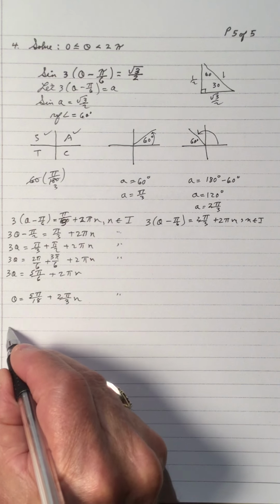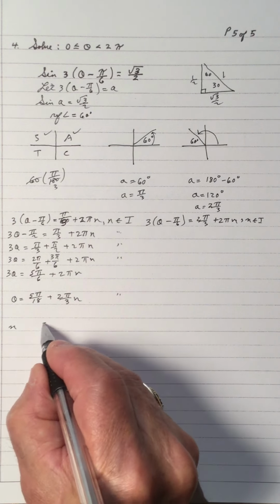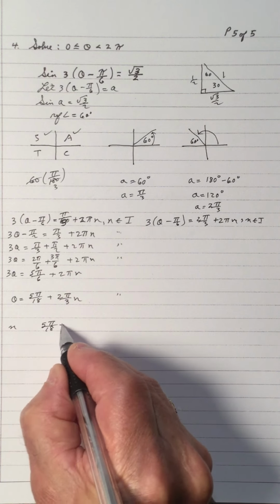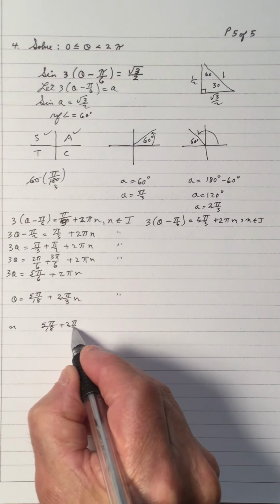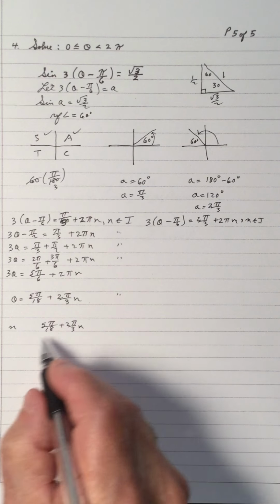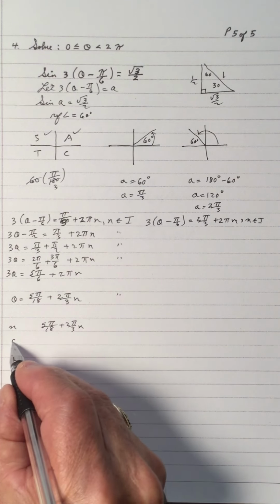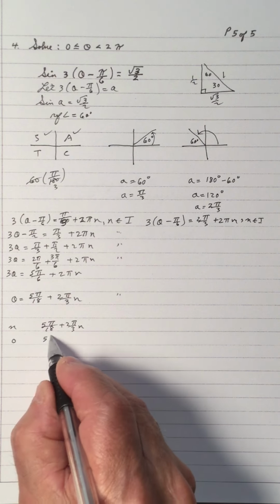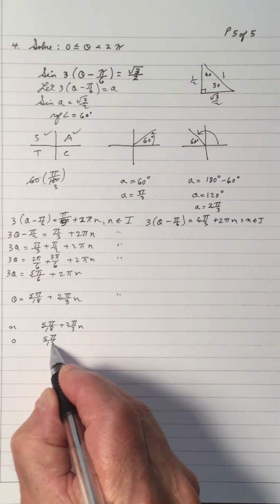So now let's take our time. We have 5 pi over 18 plus 2 pi over 3 n. And when n is 0, this is 0, so we get 5 pi over 18.